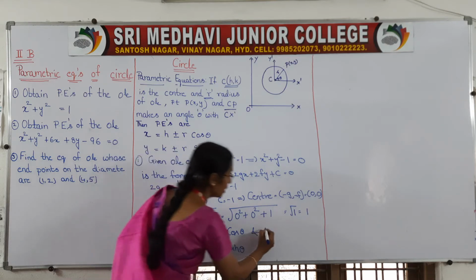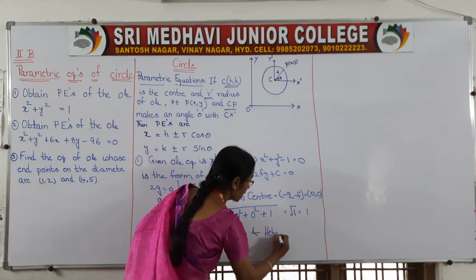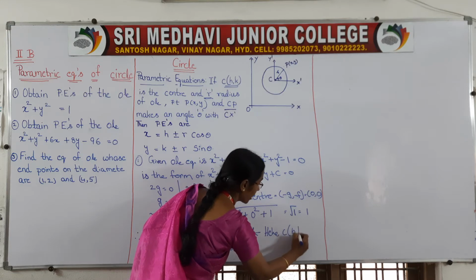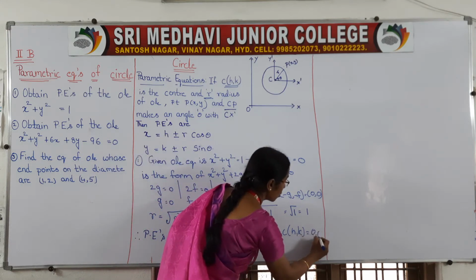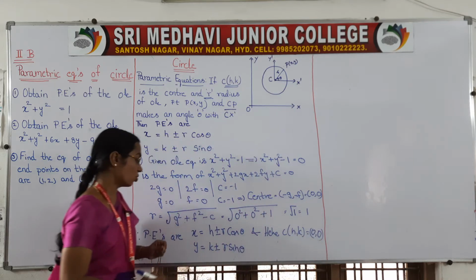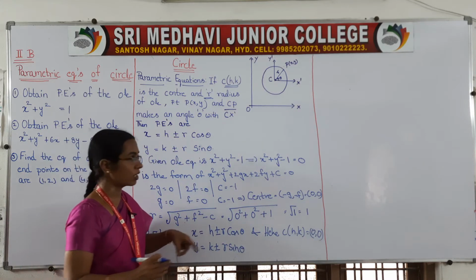So here in this problem, what is C(h, k)? C(h, k) is the center, that is (0, 0). So in this place, 0.